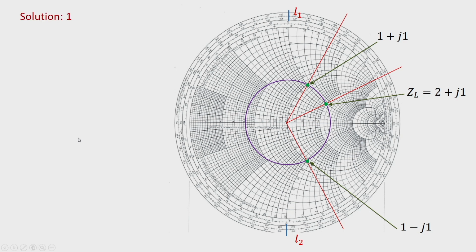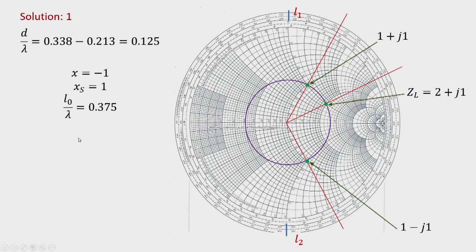And therefore, we now calculate the values of d in terms of lambda for solution 1. So, at this point we have the value 0.213, and at this point we have 0.338.